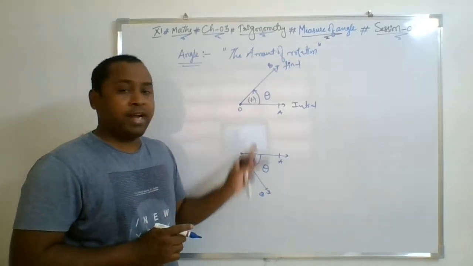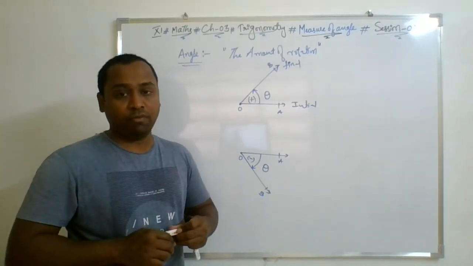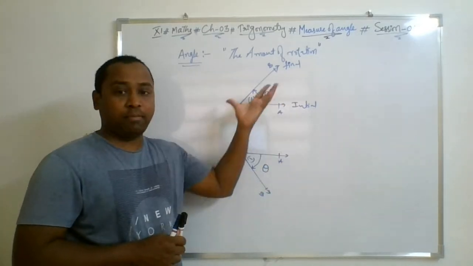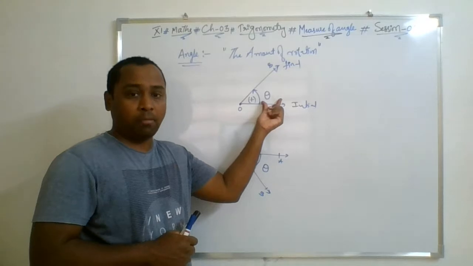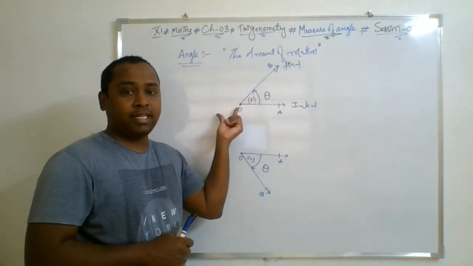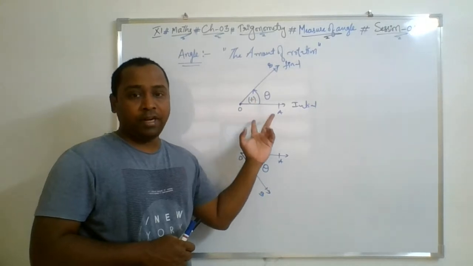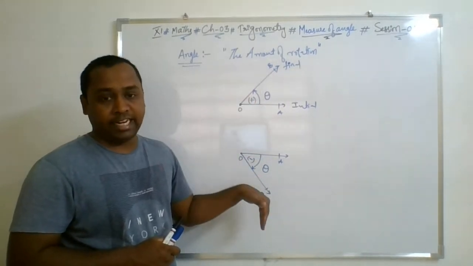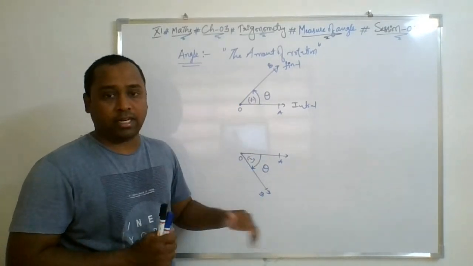So positive and negative represent the direction of the rotation of the angle, right? But magnitude-wise they may be the same, right? So magnitude represents the amount of rotation, and sign represents the direction of rotation. So there are two different meanings. So it's called positive angle and it's called negative angle depending on the anti-clockwise direction and clockwise direction.